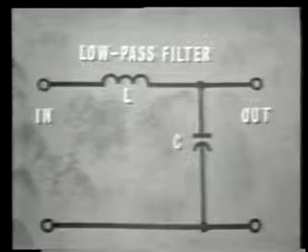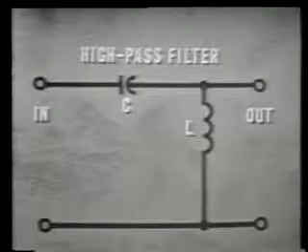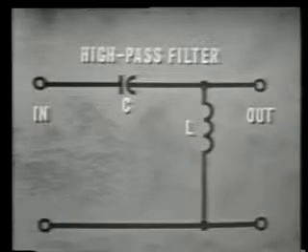Remember, a low-pass filter is designed to pass low frequencies, reject high frequencies. The L-section filter uses a series inductor and a shunt capacitor. A high-pass filter is made by simply reversing the position of the series and shunt components. Now the high frequencies are passed and the low frequencies are rejected.